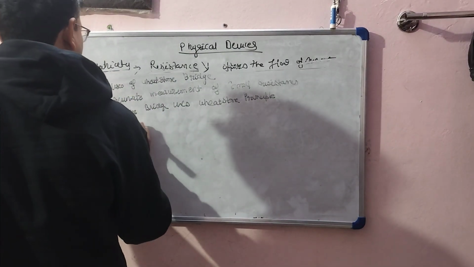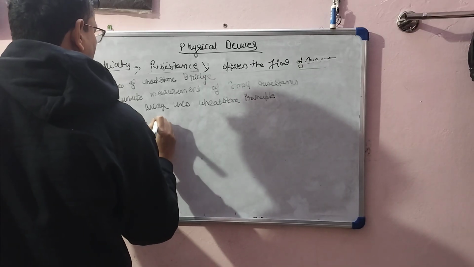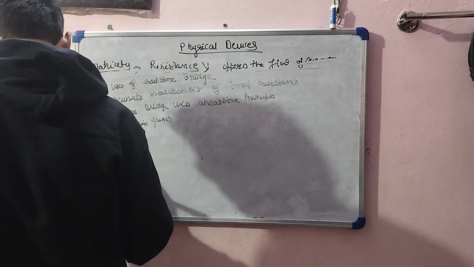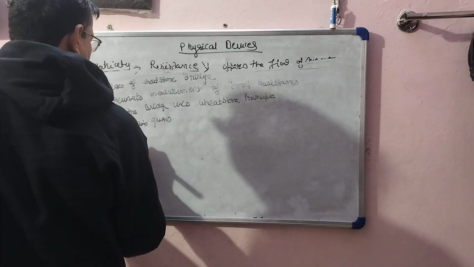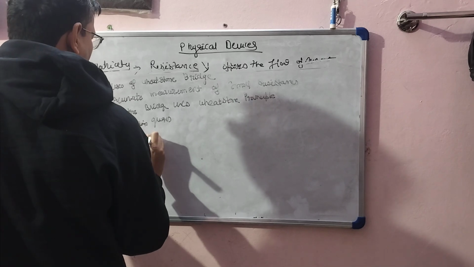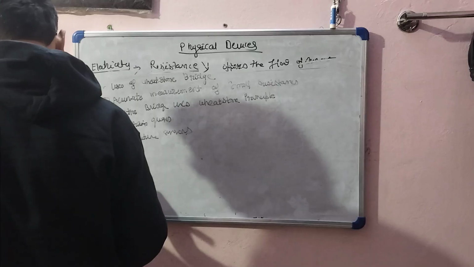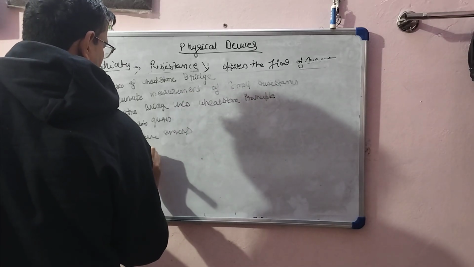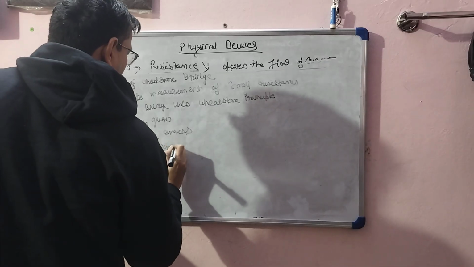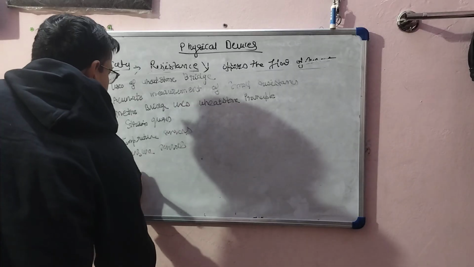Third is strain gauges. Fourth is temperature sensors. Fifth is pressure sensors. Then electrical instrumentation.